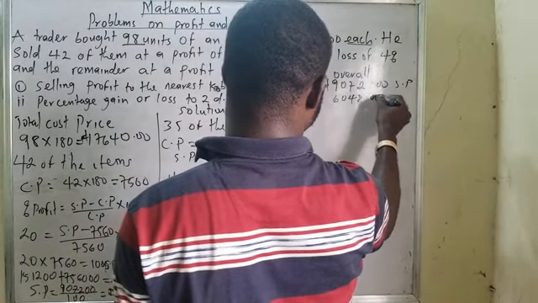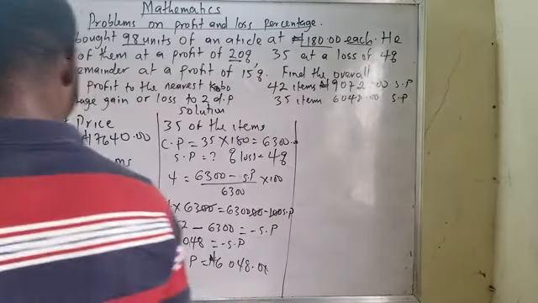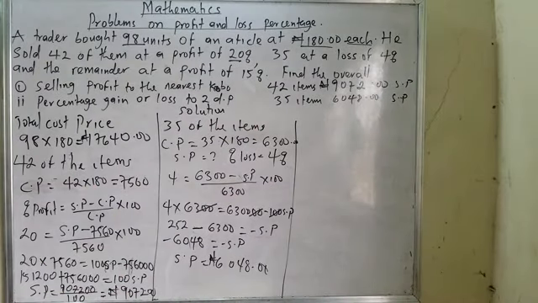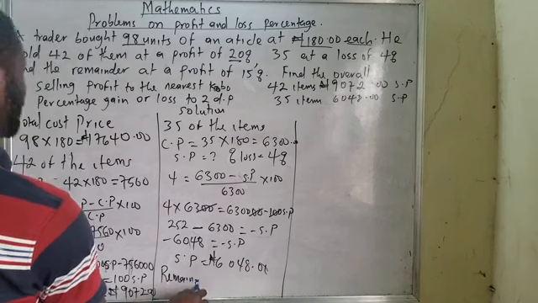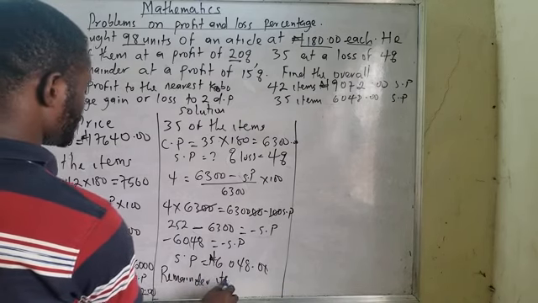6,048 naira selling price also. Now the last part of it, the remaining. How do I get the remaining items, the remainder items?